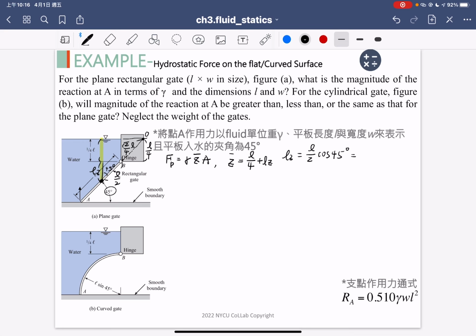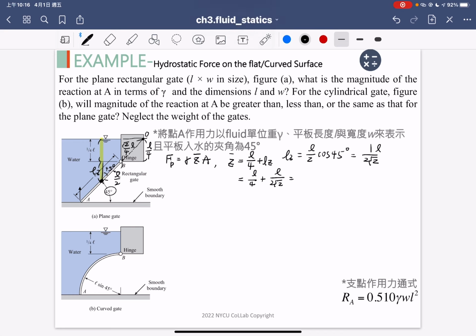Here it is 2 root 2 over 1 L. So the D bar is equal to 4 over L plus 2 root 2 over L. So you can compute the number here.